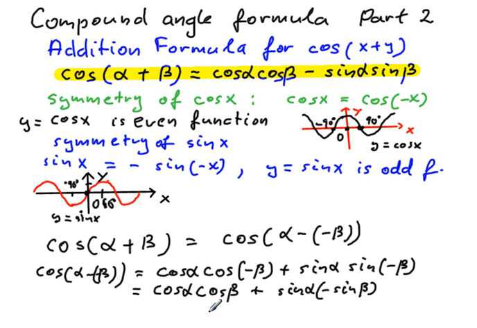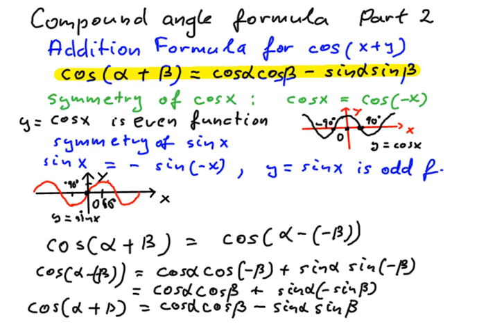This portion is already fixed. Here we multiply positive and negative, so the result will be negative: minus sine alpha sine beta. And the left side here was cosine alpha plus beta.